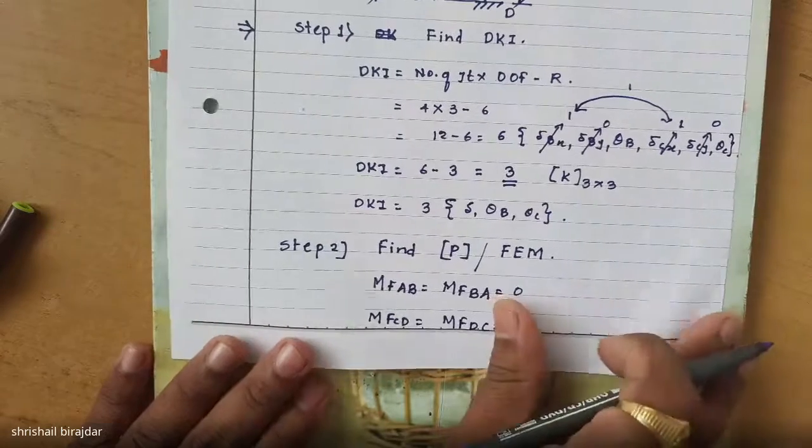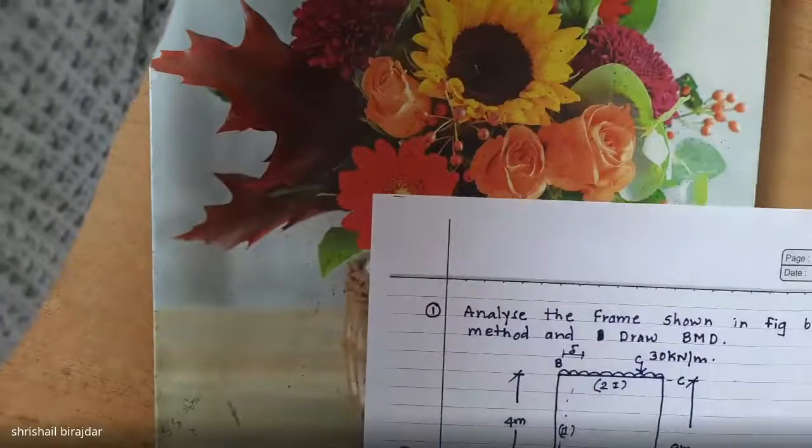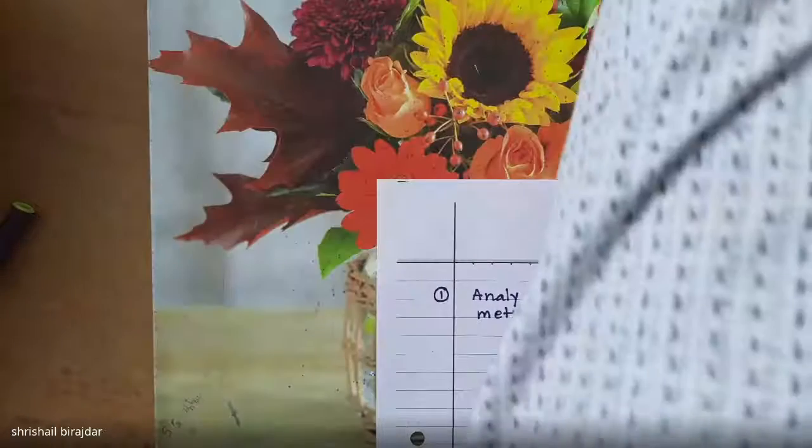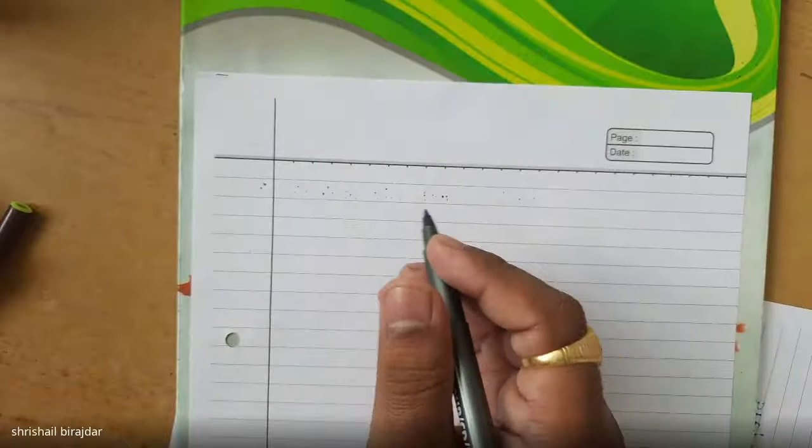Then next, only the beam is remaining. So we'll try to find out the fixed end moment for the beam. Here, the fixed end moment for the beam.